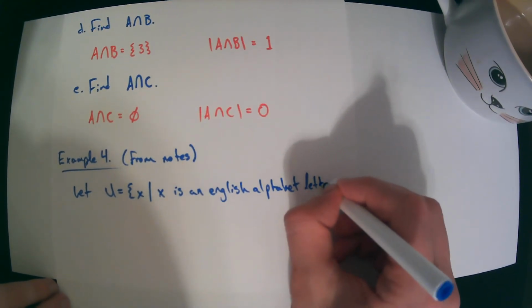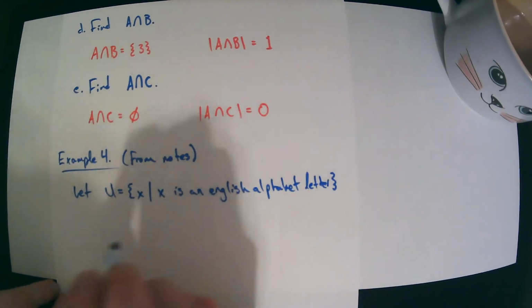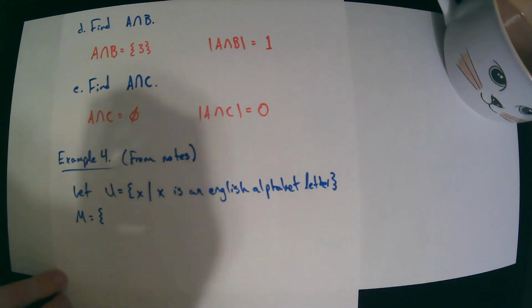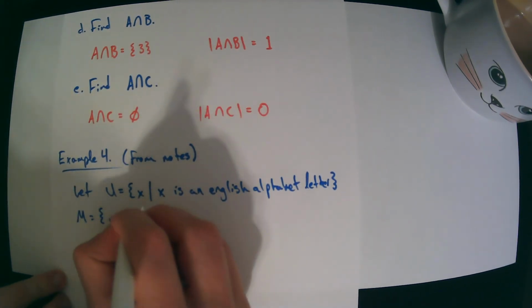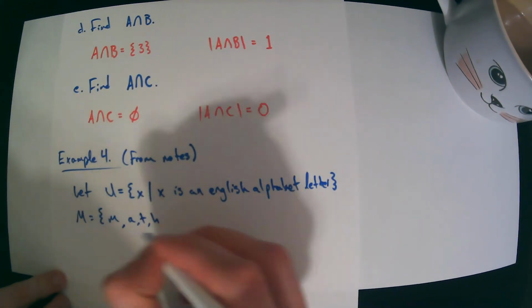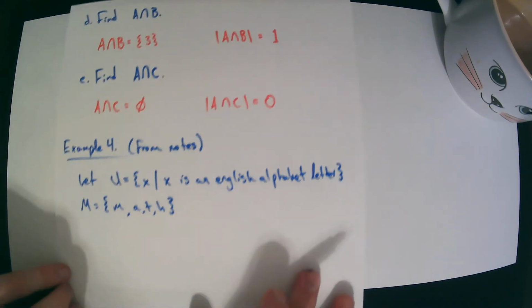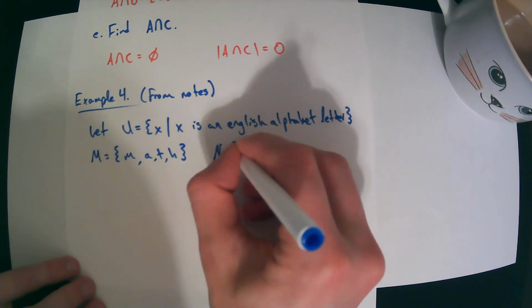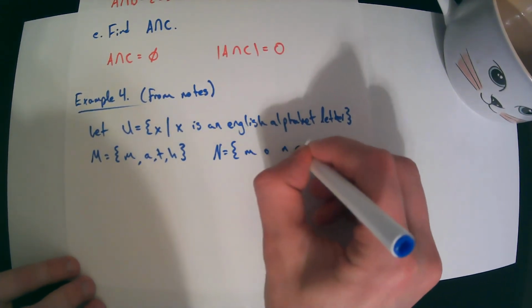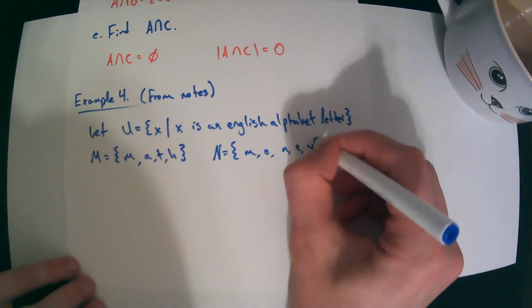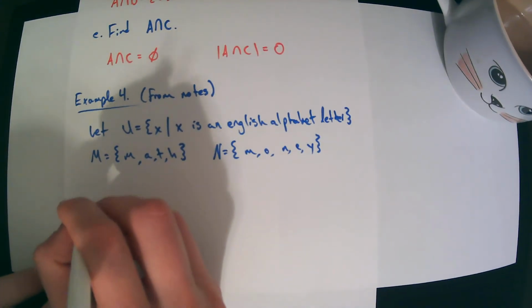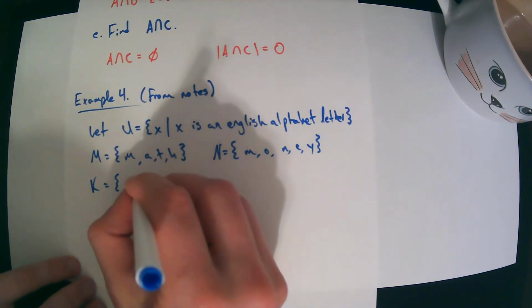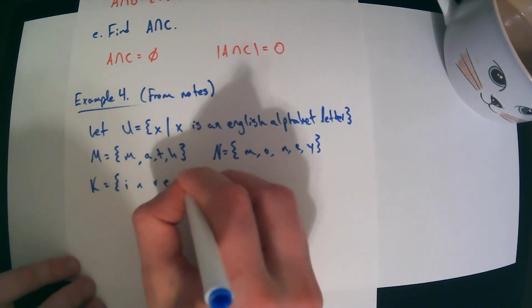So, A through Z. Let M be the set of the letters that spell math, so M-A-T-H. So it's not the single word, it's 4 distinct letters. And N be the set that spells money. And K be the set that spells investor.